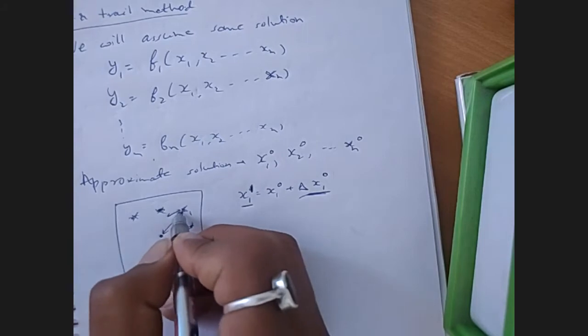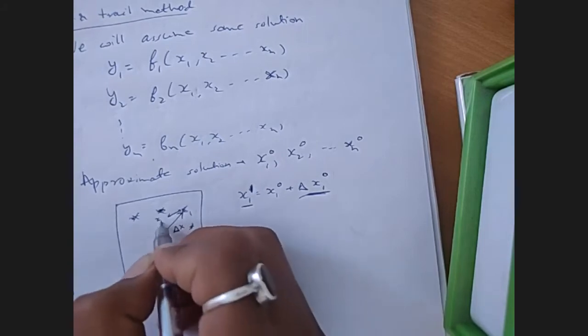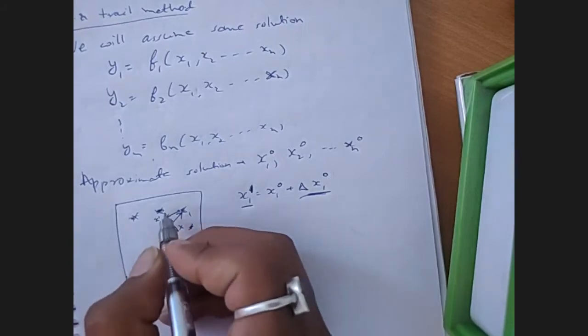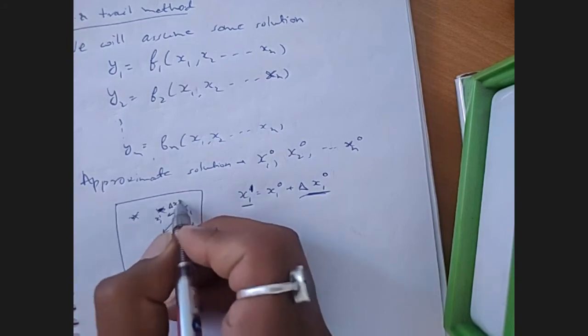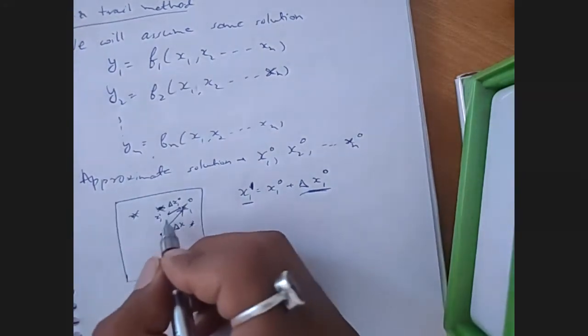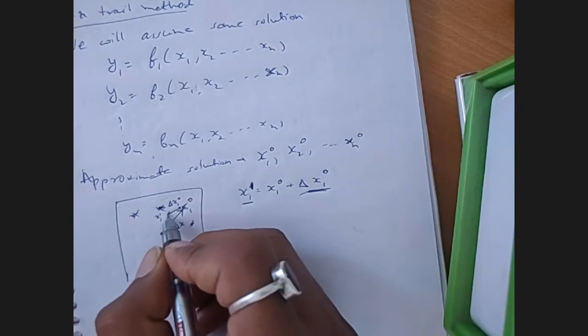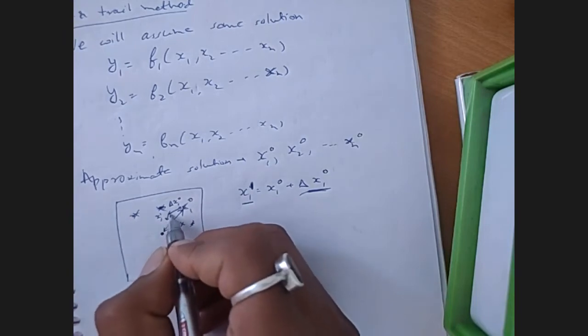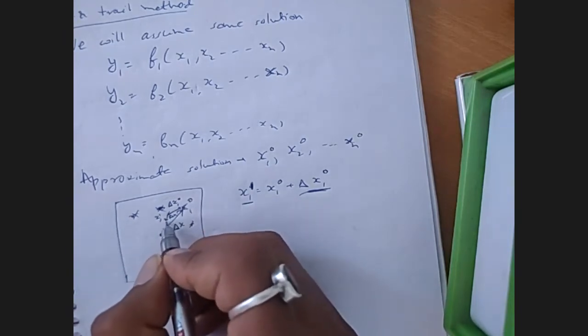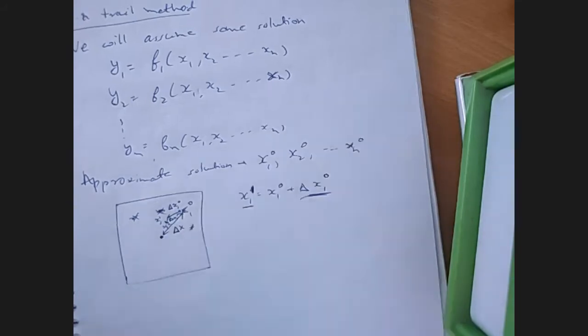We will get to a new position, that is x1 1, and this is delta x1 0. Then again we will change by some value delta x1 1, and we will reach x1 2. And similarly, finally, after some iterations, we will get to a final solution.